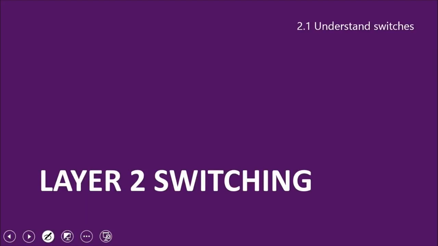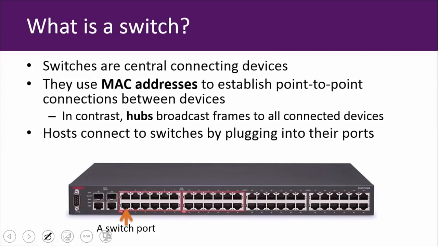All right, so now that we've talked about the first 2 layers, let's talk about layer 2 switching. So how do the devices that operate on networks function within these 2 layers? So first off, let's start by talking about what a switch is. Okay, a switch is a central connecting device, like we had detailed earlier.